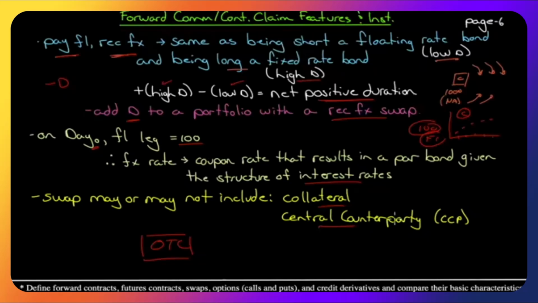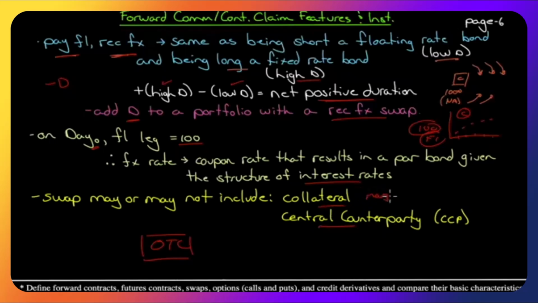Since the 2008-2009 financial crisis, more and more derivatives are being forced to use central counterparties to lower counterparty risk and even post margin to lower counterparty risk. So they may or may not include collateral, which means margin.